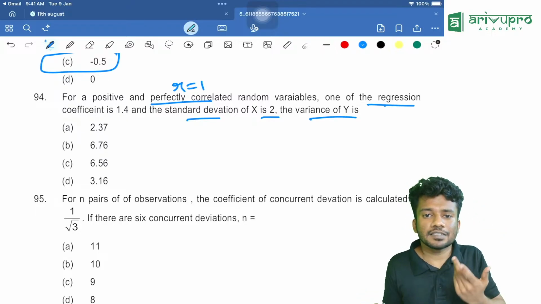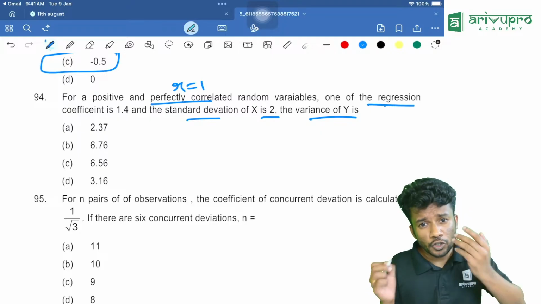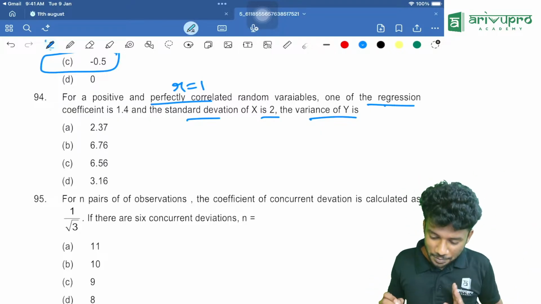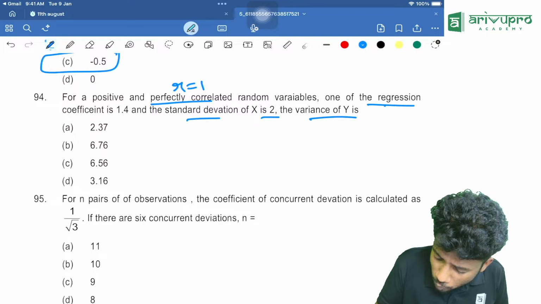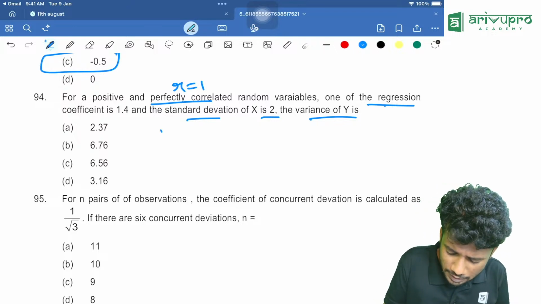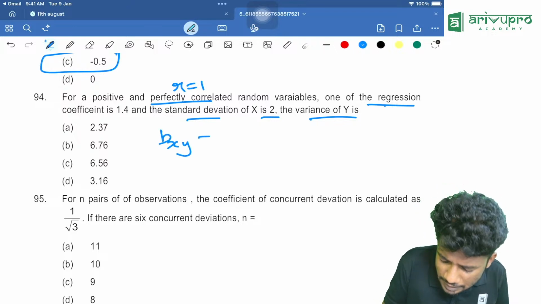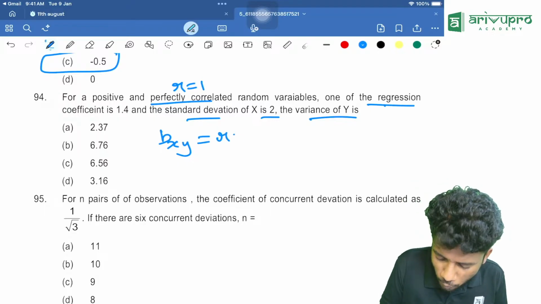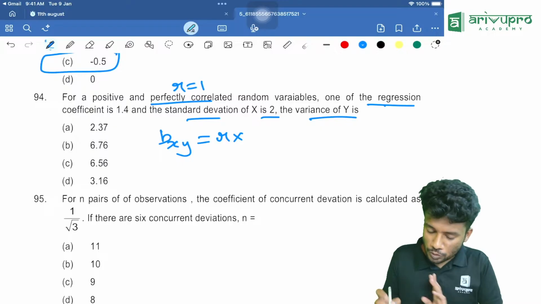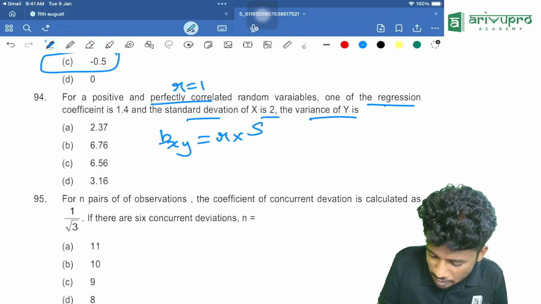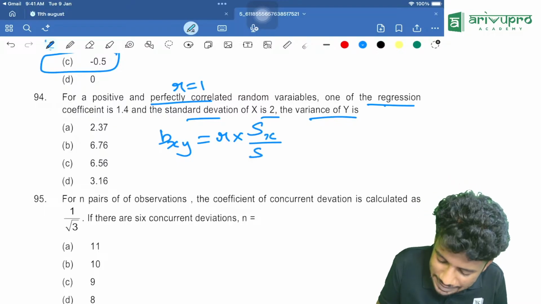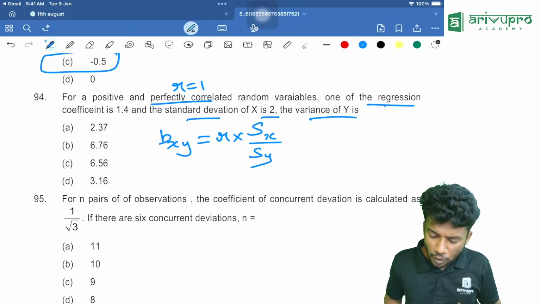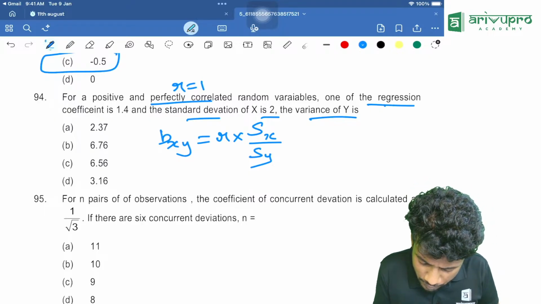We need to find the standard deviation of y using the regression coefficient method. Accordingly, we will do it. Now, we will take this equation directly. Bxy is equal to what? We know that Bxy is equal to, there is a formula, correlation coefficient into standard deviation of x divided by standard deviation of y.